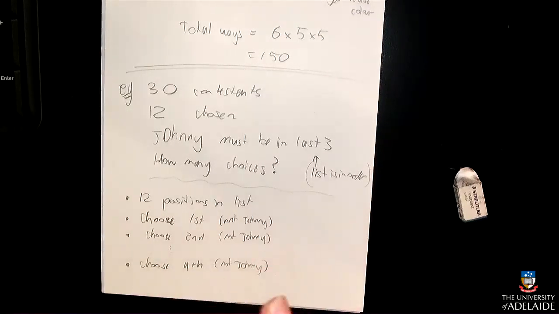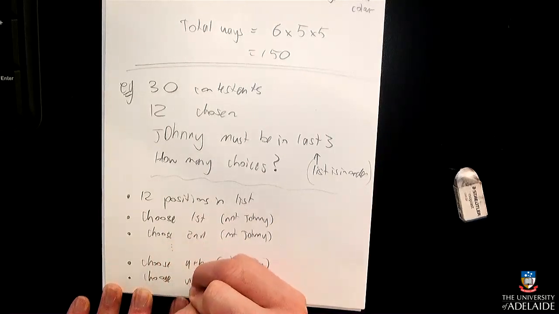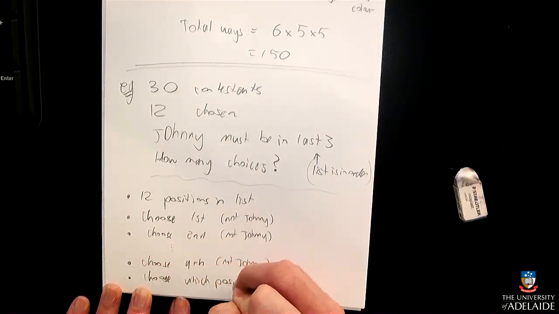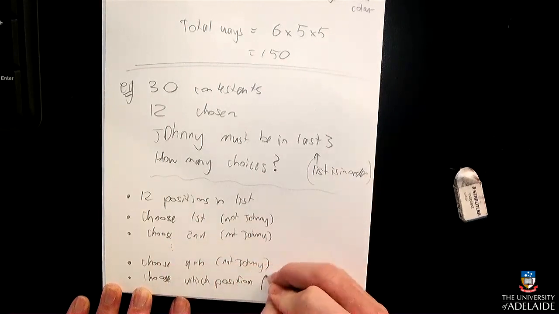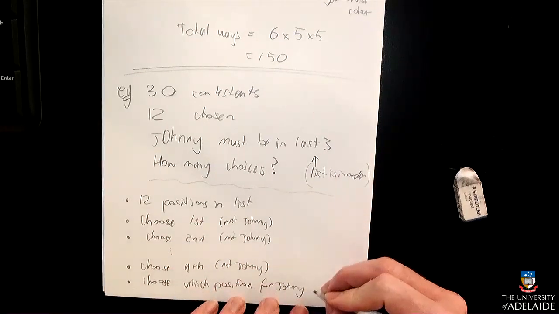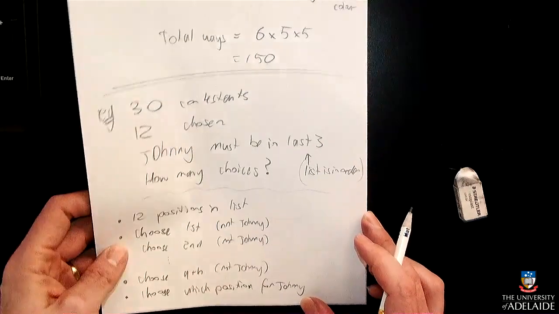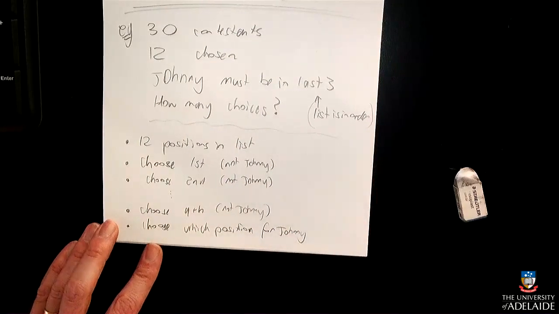It's too many possibilities. So I reckon what I should do is choose which position Johnny's in. He's either in the 10th, 11th or 12th position, so I could choose which position he's in. So choose which position for Johnny, either the 10th, 11th or 12th, and then choose the other two people.